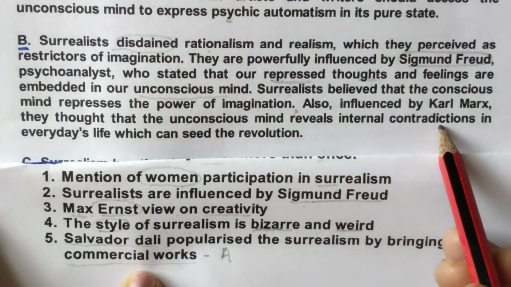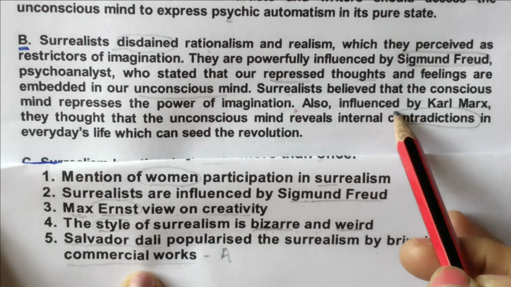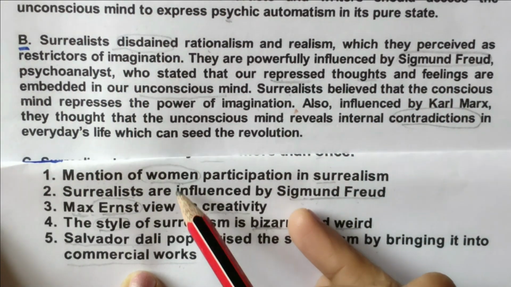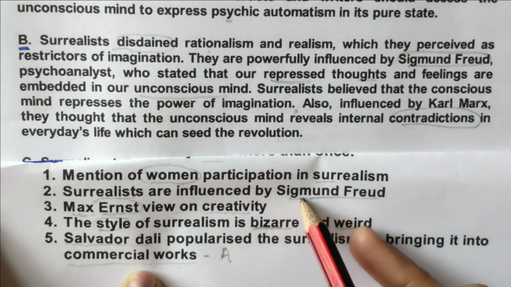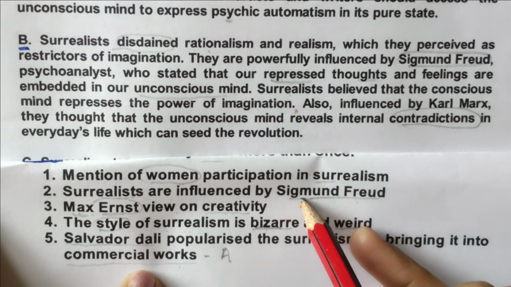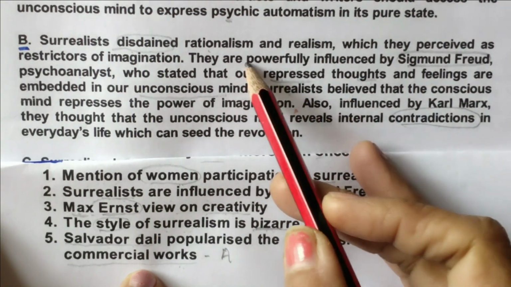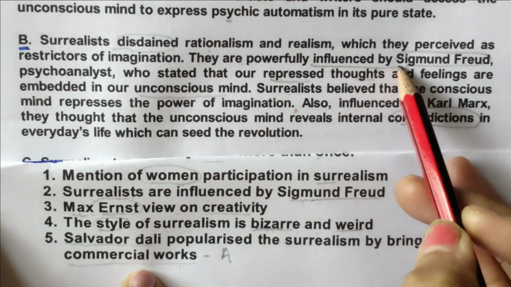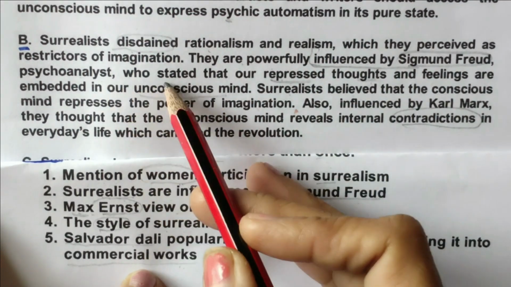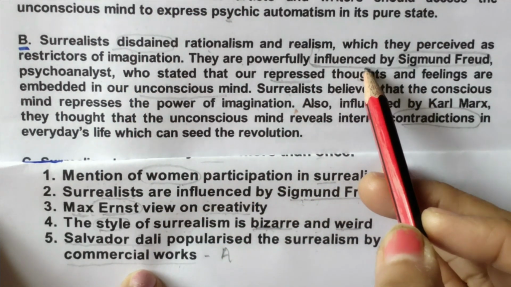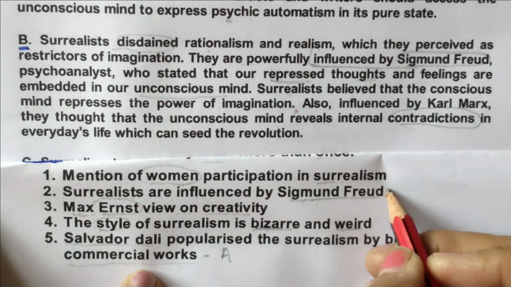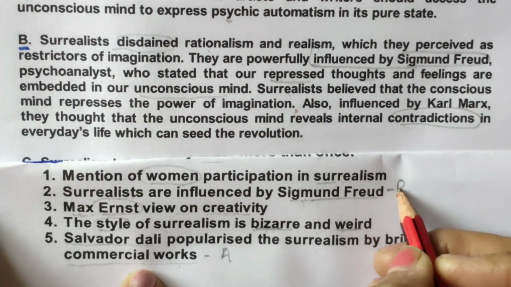Unconscious reveals internal contradiction is also there. It means they are not talking about women, and this person is also there, I understand. Yes, surrealists are influenced by, same thing is there. Okay, yes, now I will go with that only. So for the second we will just write here B.